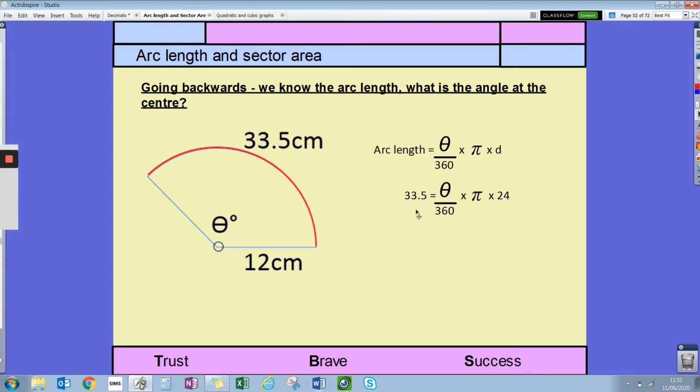So what I've done here is I've swapped in the things that I know. I know my arc length is 33.5. I've got my radius, which is 12, so my diameter, all the way across, must be 24. So I've swapped in what I know.